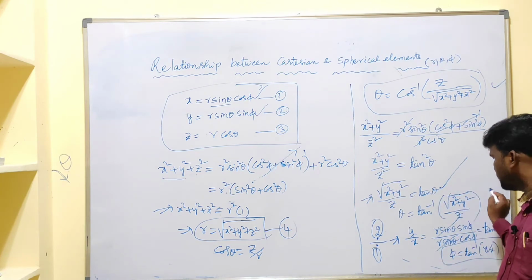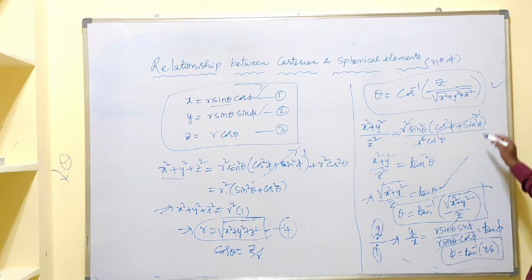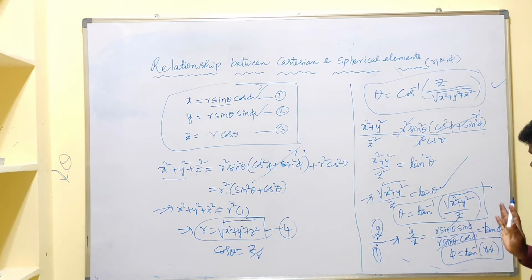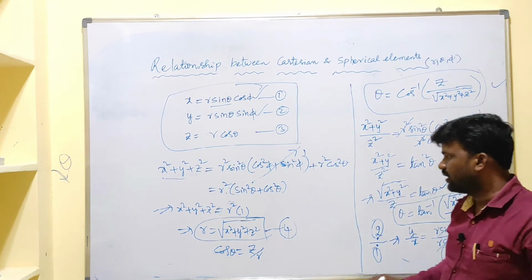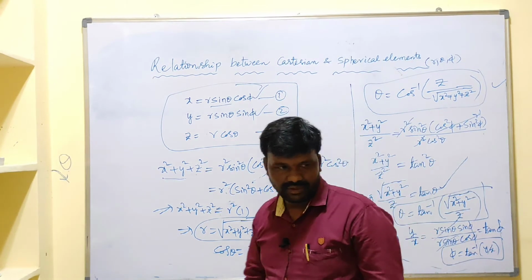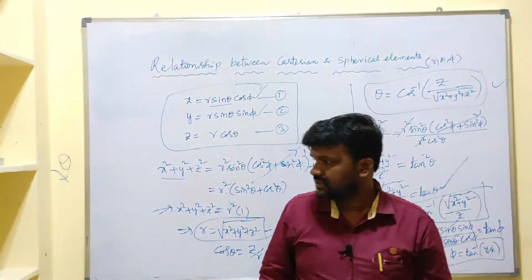Here also we have theta. We can find theta by using this one or by using like this. And what about r? I am writing all these equations at one place.